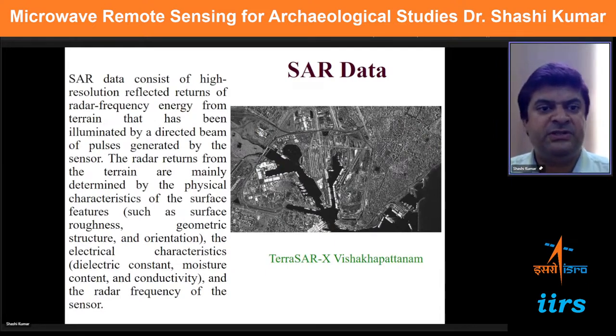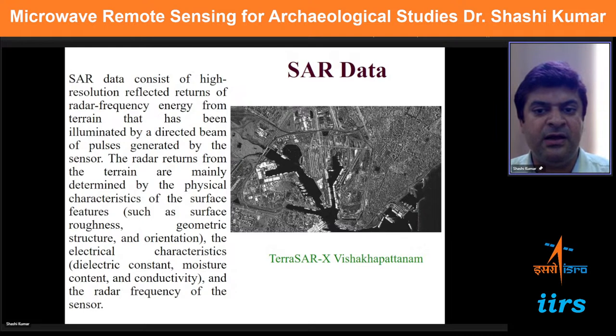Now, when we talk about the SAR data set, SAR data consists of high resolution reflected returns of radar frequency energy from terrain that has been illuminated by a directed beam of pulses generated by the sensor. The radar returns from the terrain are mainly determined by the physical characteristics of the surface.